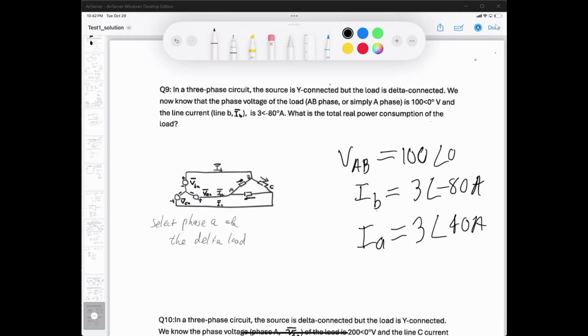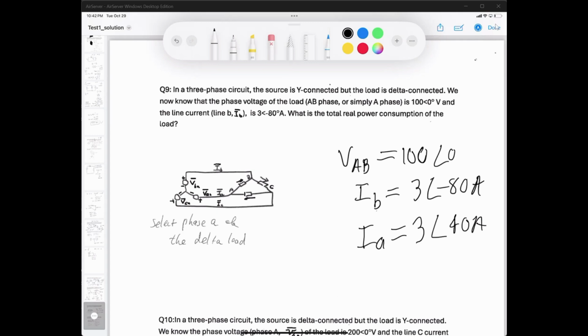Now we want to know the total real power at the load. So to figure out the total real power at the load, we're not looking at complex power, we're looking at the real power consumed at the load.